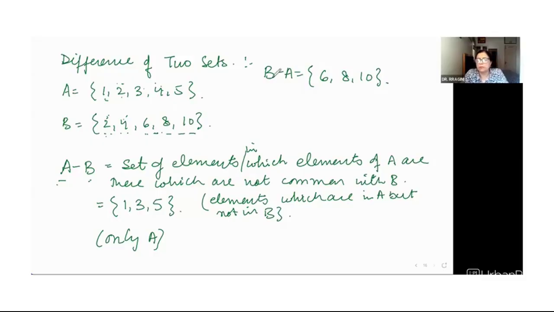When you will be doing word problems, this is also called only B. Only B means elements which are exclusively present in the portion which is B, which is not shared by A. So this is the difference of two sets.